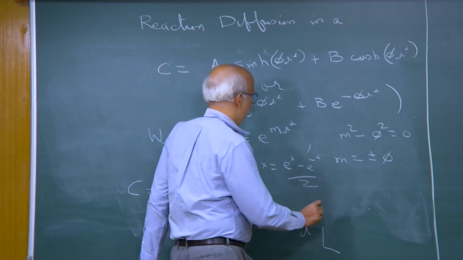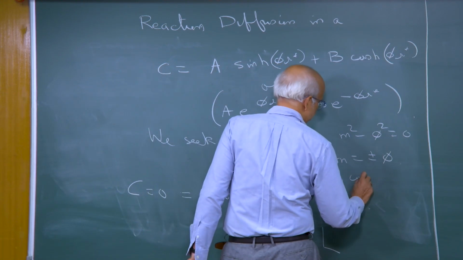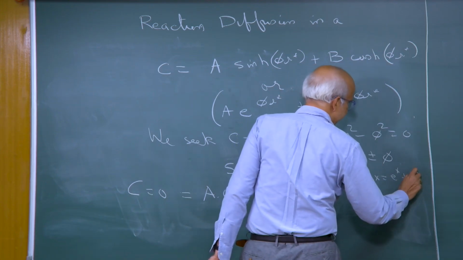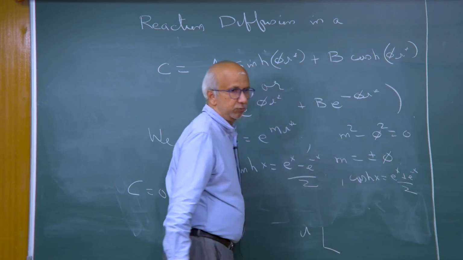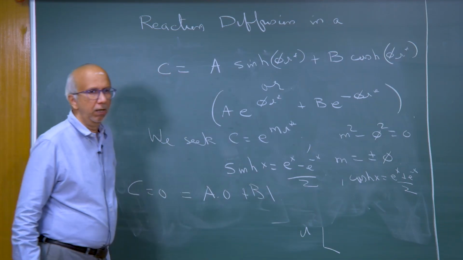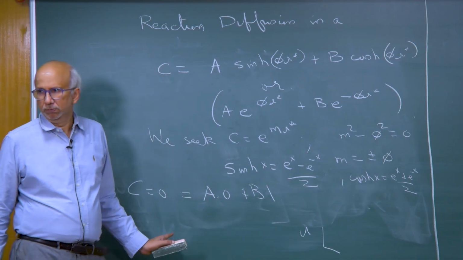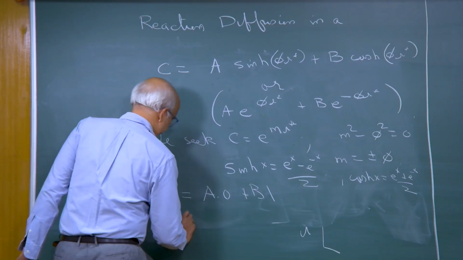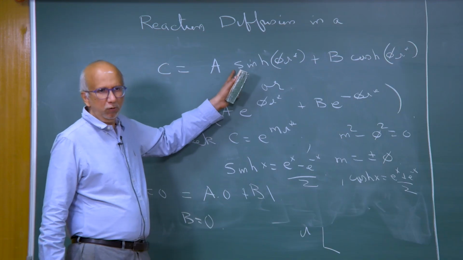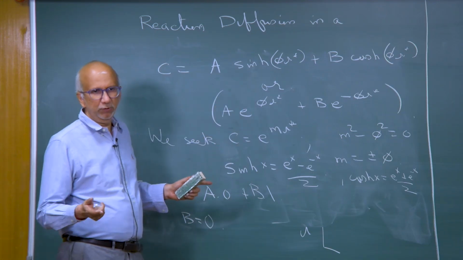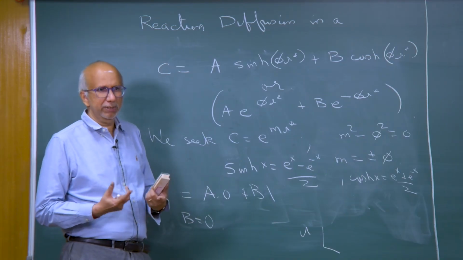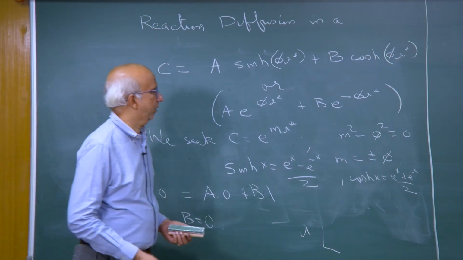Cos hyperbolic 0 is e power x plus e power minus x by 2, at x equal to 0, and this becomes 1. So this implies B is 0. So I have to find only one constant A. That is what I meant by saying it is easy to find the constants. Otherwise I would have to get two equations and two unknowns and solve.